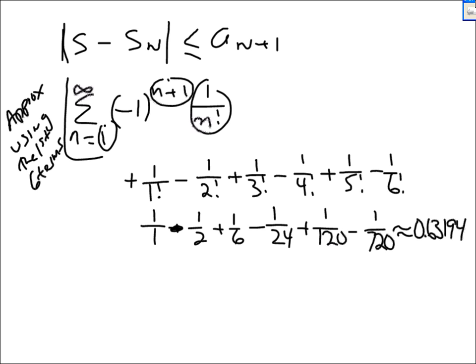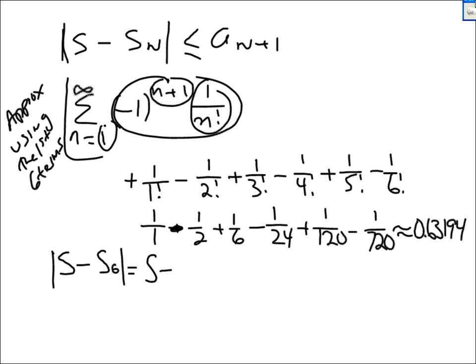We didn't put a dent into adding up all of them. This goes out to infinity. The question is, how off are we? We know that S minus S6, which is S minus approximately 0.63194, the difference between the actual sum and the partial sum of the first 6, is less than or equal to a sub 7, since my last term was a sub 6.